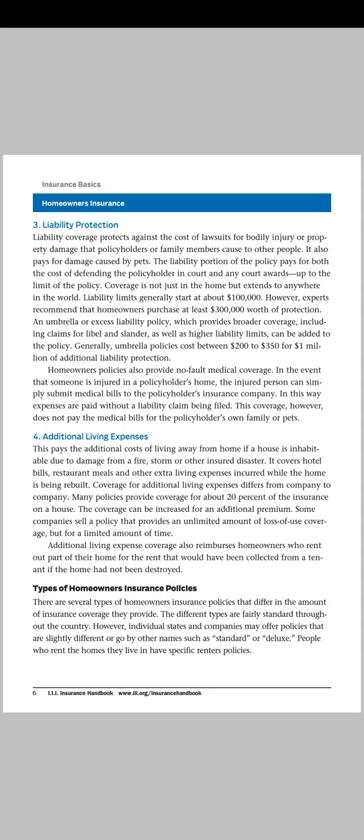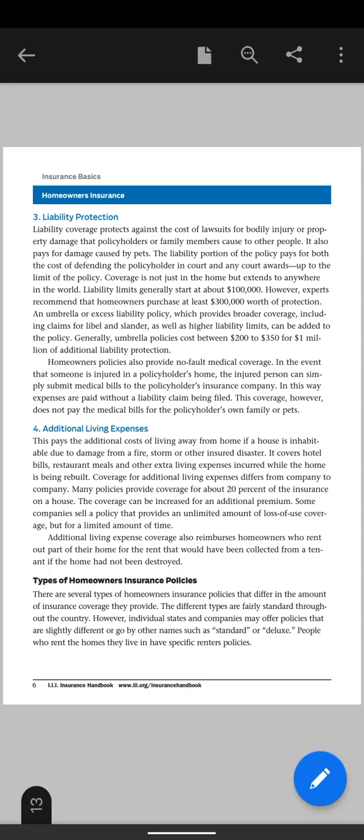Number four, additional living expenses. This pays the additional cost of living away from home if a house is uninhabitable due to damage from a fire, storm, or other insured disaster.